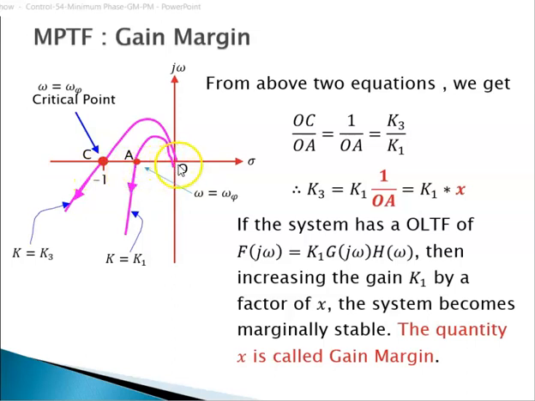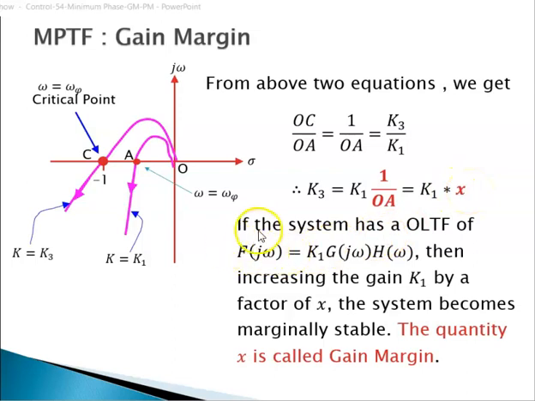You can see that the length of this line from O to C is 1. OC divided by OA is 1 over A. So you can say K3 is equal to K1 into 1 over A, that is K1 into X.